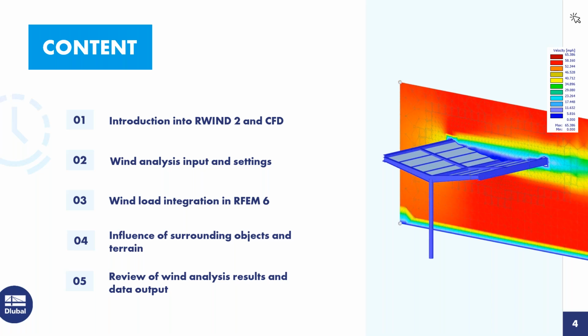We'll take a look after we run the wind analysis, how those wind loads can be integrated back into RFEM for the structural analysis. We also want to consider the influence of surrounding objects as well as the terrain. And finally, we'll spend a significant portion at the end of the presentation reviewing the wind analysis and results and data output directly within RWIND.